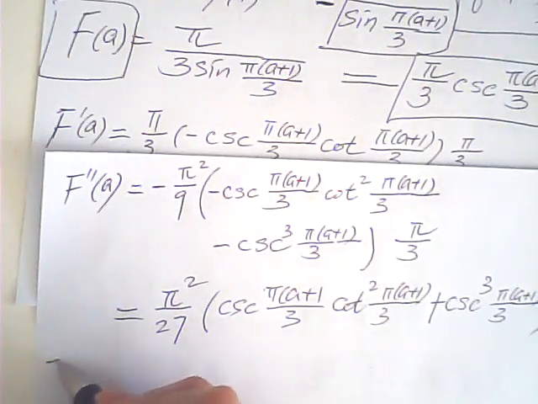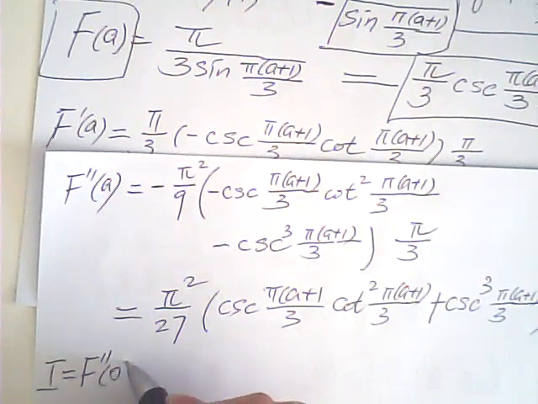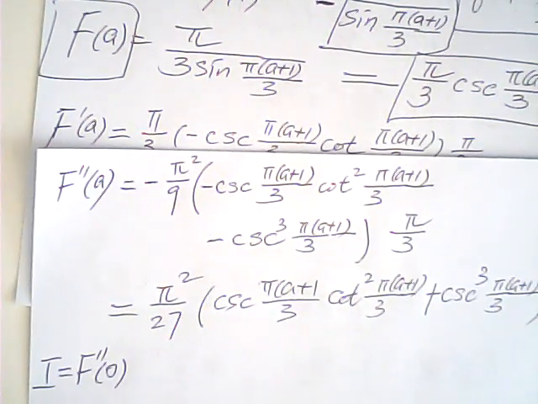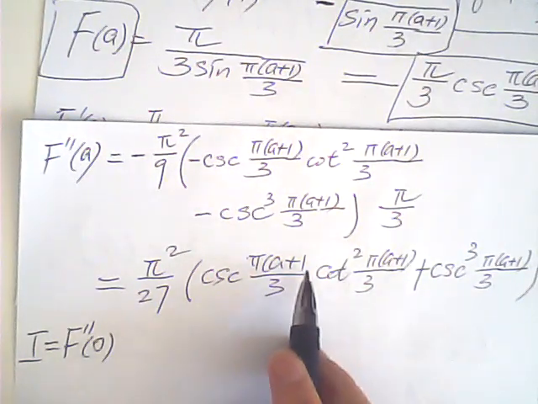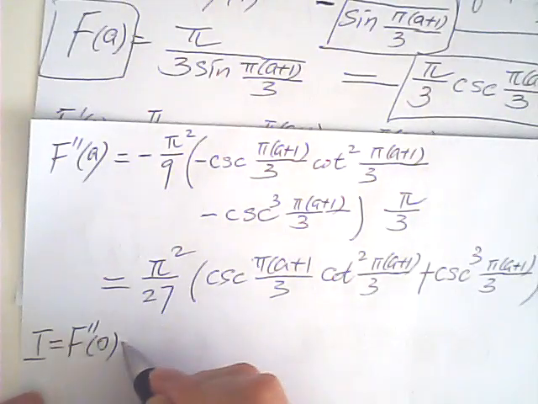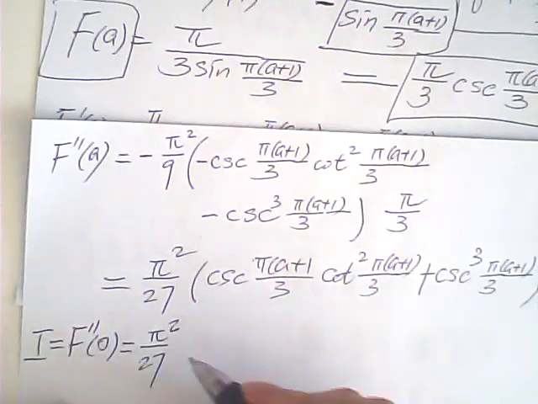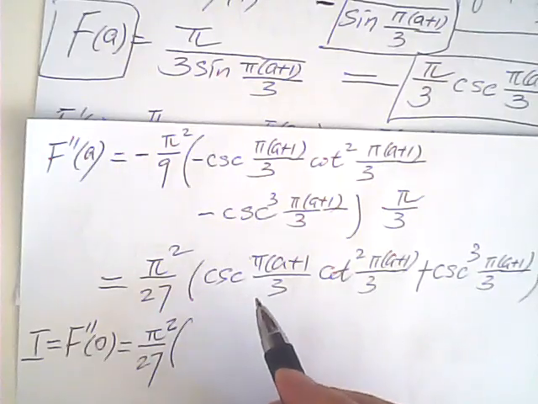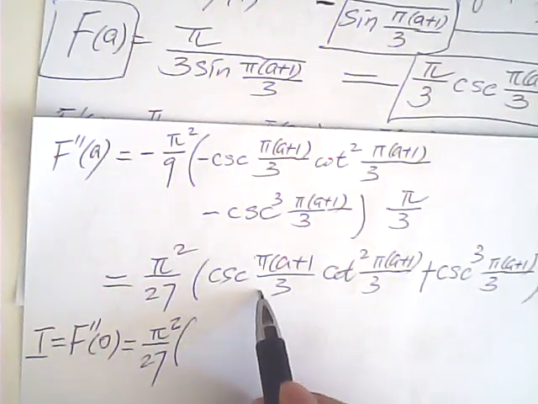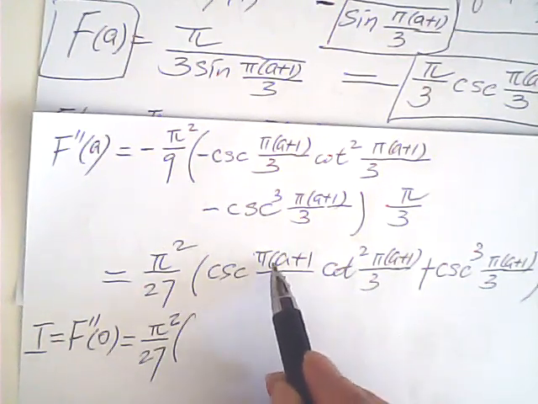Now my I is found: it is f double prime at 0. We just replace a with 0, and we find this is equal to pi square over 27. When a equals 0, the angle is a third pi.